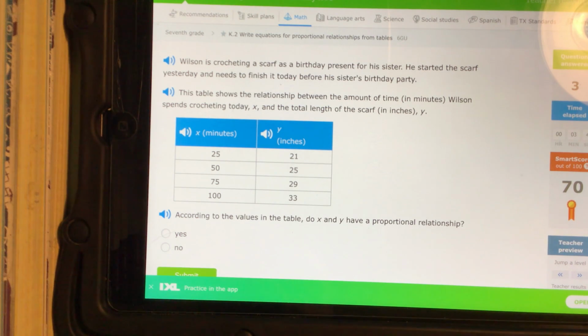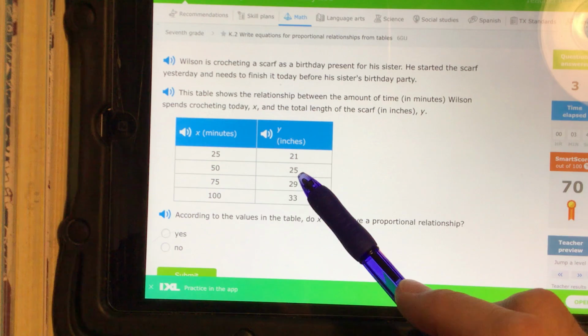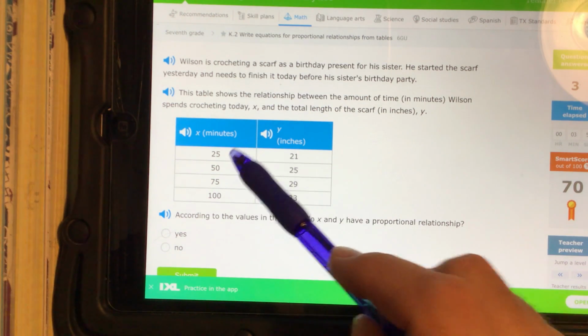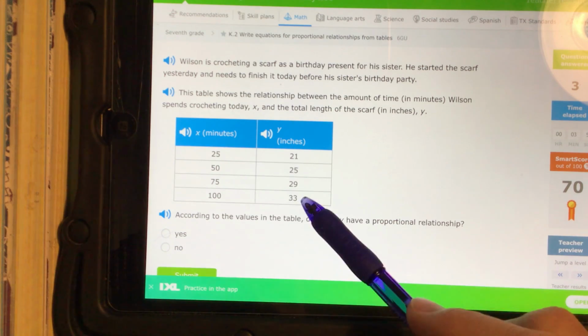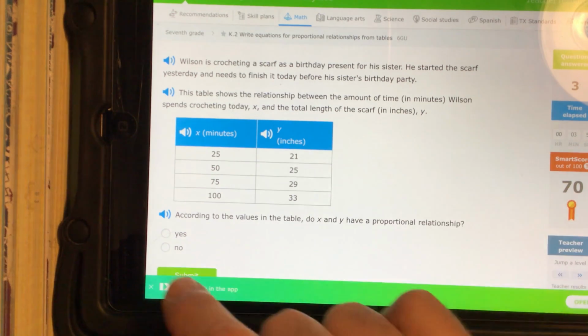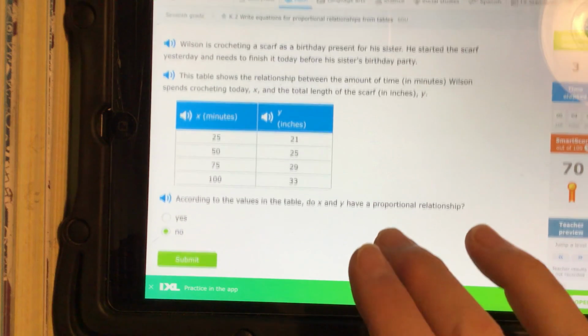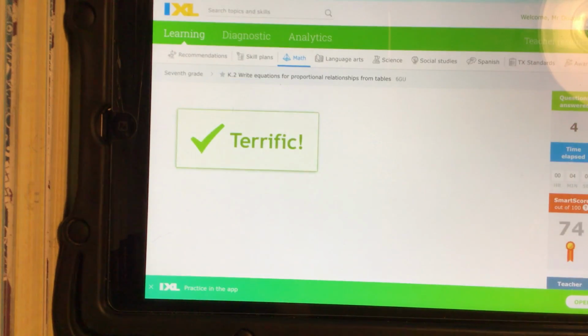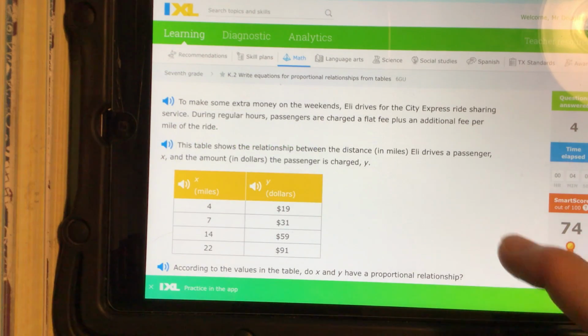You see any kind of pattern? Well, the first pattern I do recognize is that 25 is half of 50, but 21 is not half of that. 29 is not half of that. 33 is not half of that. So this one is not proportional, okay? So take your time. They'll try to trick you a little bit. Okay, I'm going to jump a level.